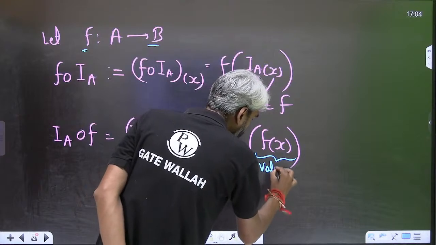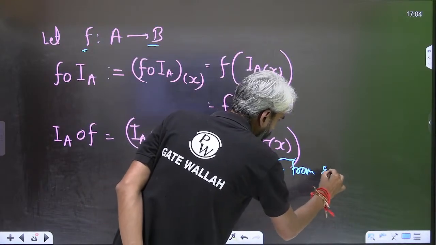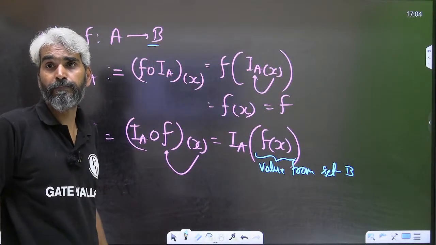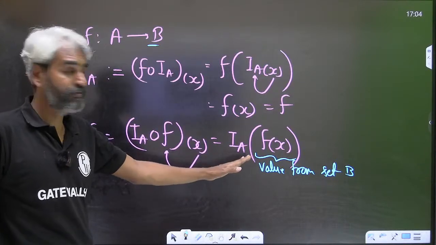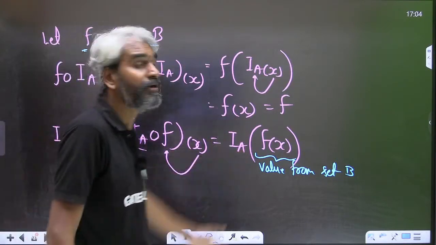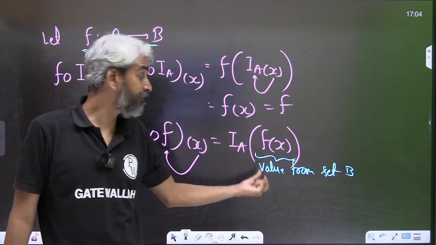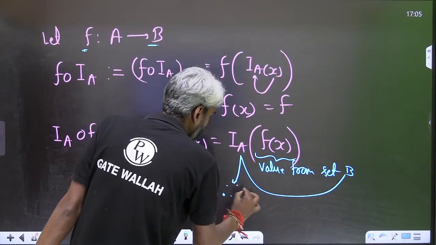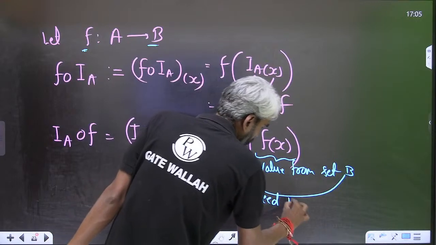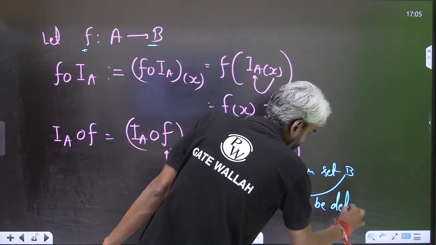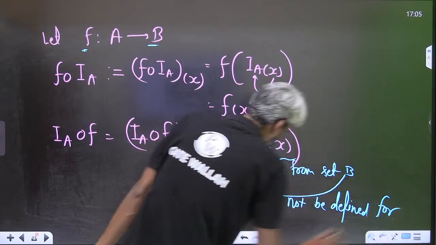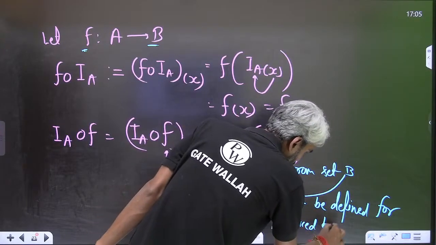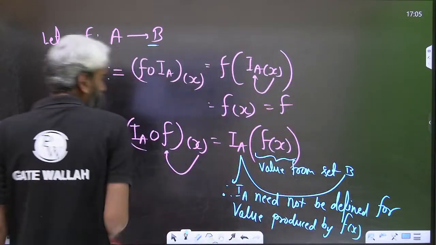So this is a value from set B. Now, identity function on set A is defined only on the elements of set A. But function f is producing a value from set B. So function IA need not be defined for the value produced by f of x.